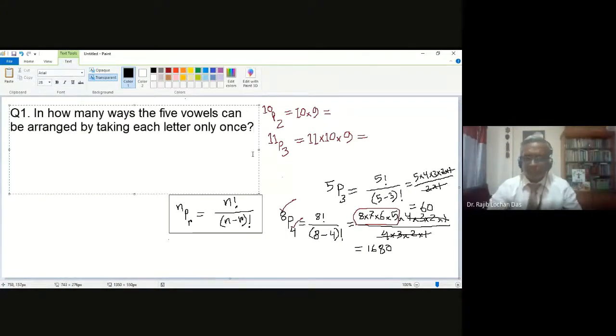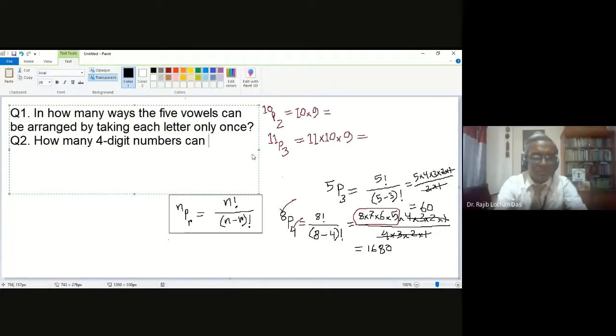Okay, and let me give you another question. Say, how many 4-digit numbers can be made by using 2, 3, 4, 5, 6, 9, taking each digit just once.